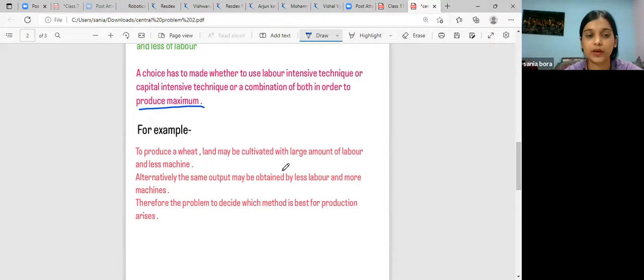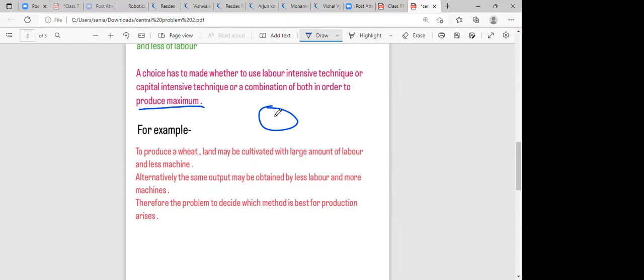Now, for example, to produce wheat, right? In the agriculture portion, to produce wheat, land may be cultivated with a large amount of labor and less machine, right? You can use large labor because you have seen that in the agriculture field most of the farmers are using labor, right?